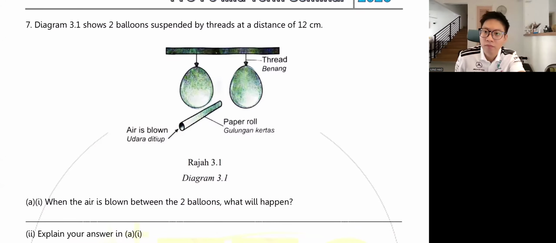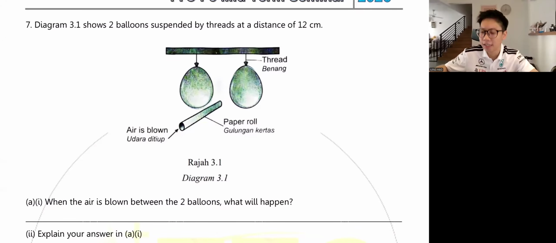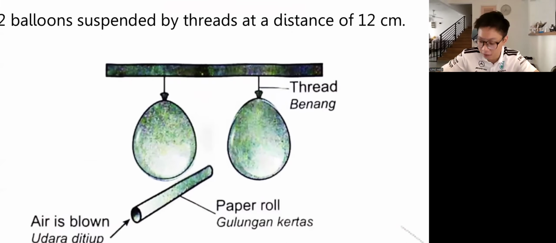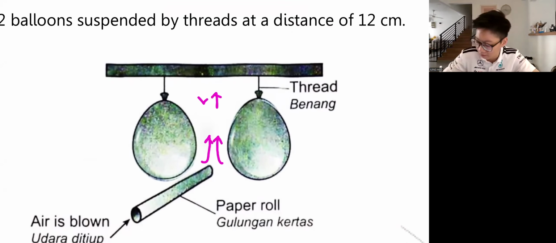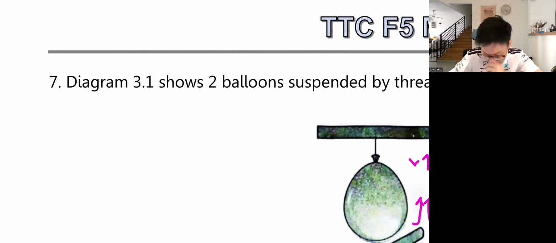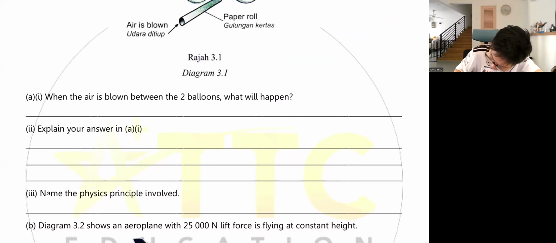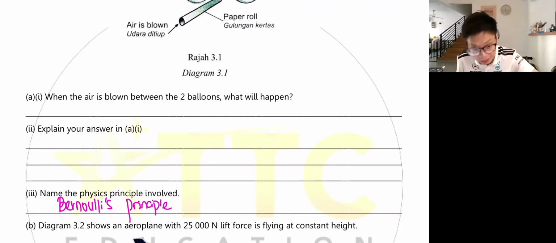Okay, very good. The answer is, when you blow air in between them, the velocity here will increase substantially. It will be very high velocity, according to Bernoulli's principle.